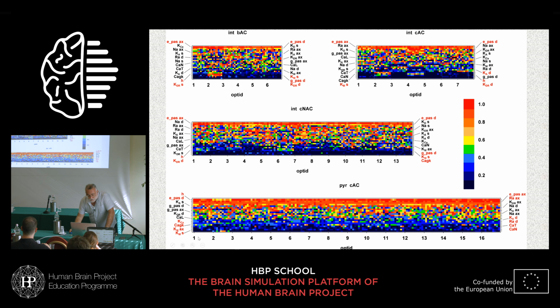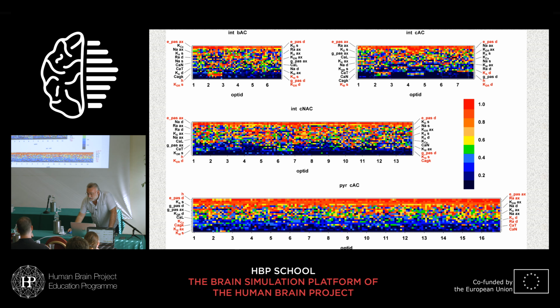Okay, so what you see here on the x-axis are the different individuals that fit more or less equally well all the traces with all the electrophysiological features. We have about 160 different configurations of peak conductances of all the channels that we decided to put in the CA1 pyramidal cells.